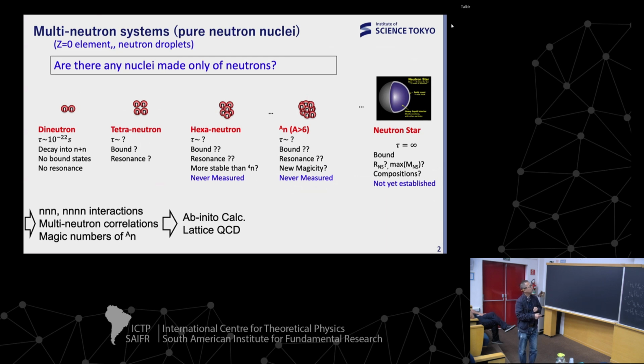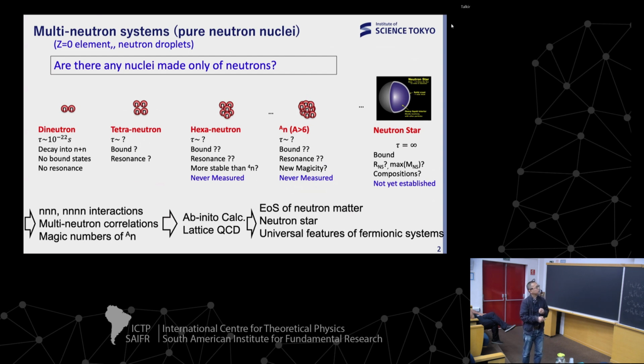And then this can be a test benchmark for the ab initio calculations, or even lattice QCD. And this kind of information can be used to establish the equation of state of neutron matter or neutron star. And we also have some kind of universal features as fermionic many-body systems.